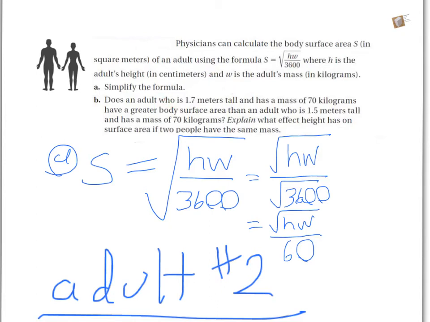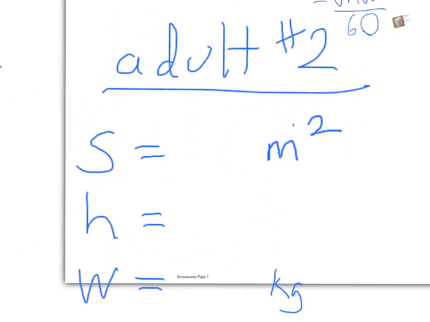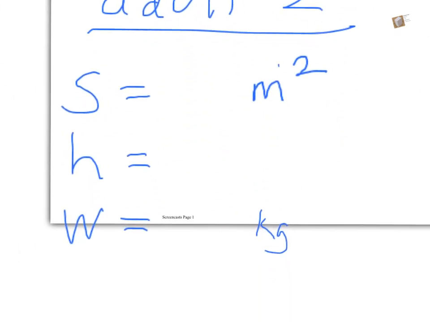But the formula only calls for centimeters, so it is our duty first to take 1.7 meters and figure out what that is in centimeters, which is actually a very simple calculation, in fact. So let's do that down here where we have our h.